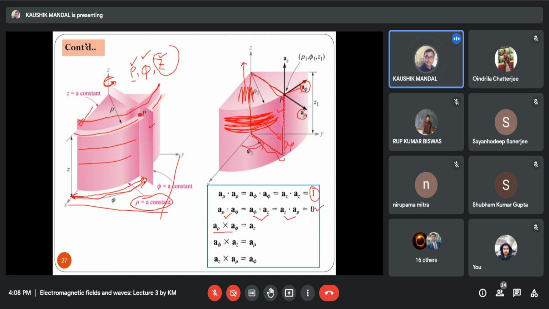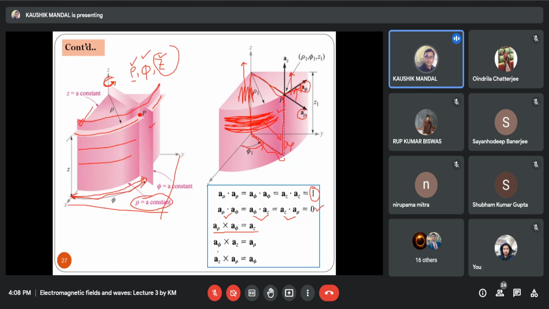Now the cross product, a rho cross a phi. If you curl from a rho to a phi, it will move along this direction, so it will be a z.